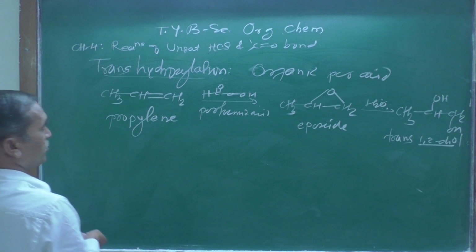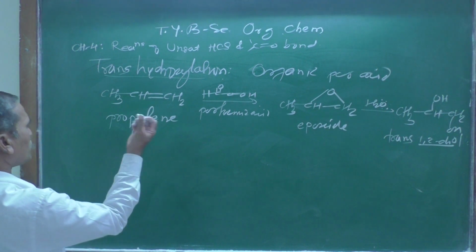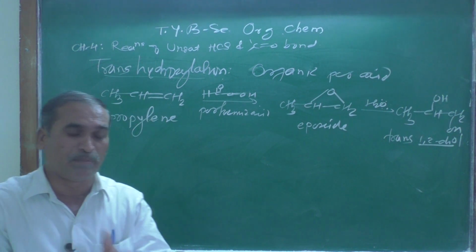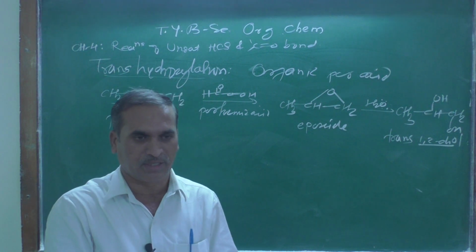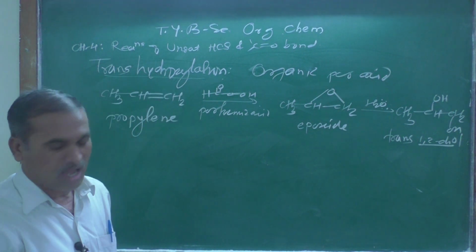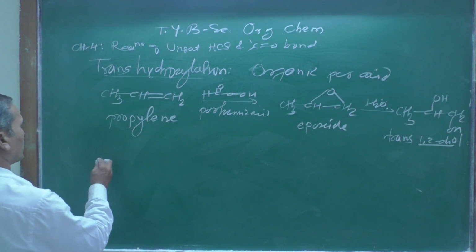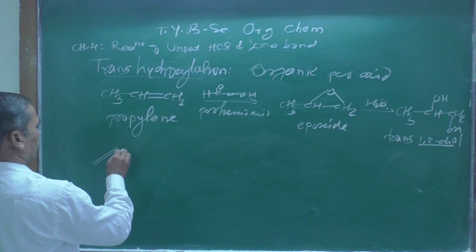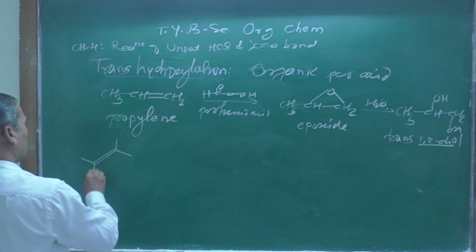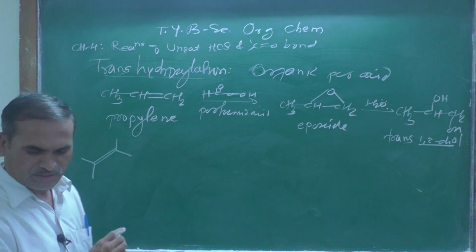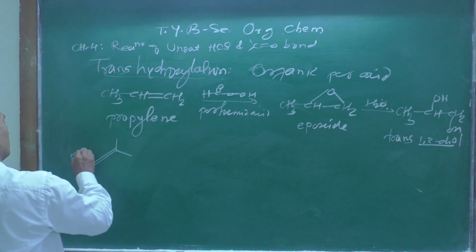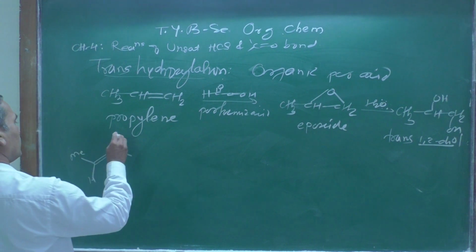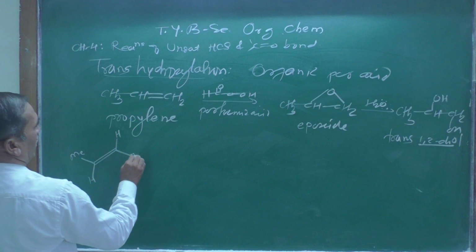Now if you start with trans 2-butene, what will be the stereochemistry? For the stereochemical purpose we can write trans 2-butene: Me here, H, and here H and Me.